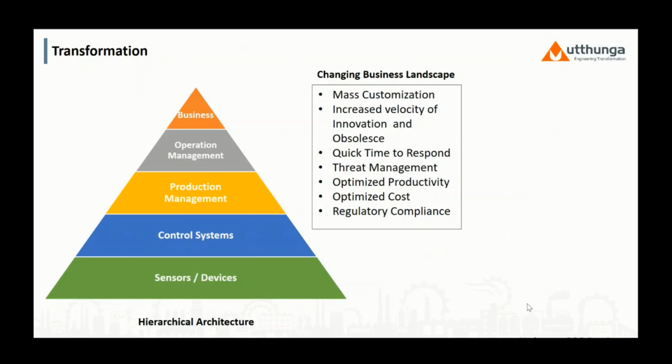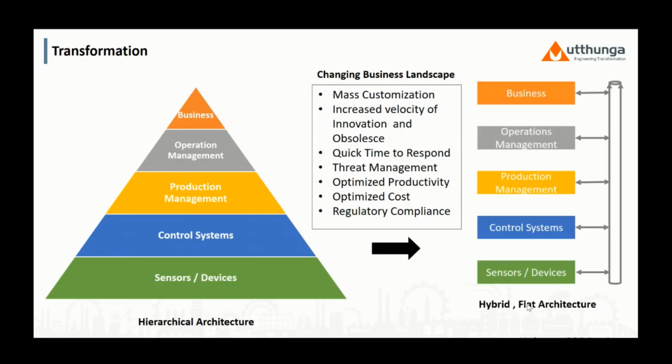So in this process, rather than having only a hierarchical model, new hybrid or flat architectures are emerging. Physically they might be flat, but logically, there will still be hierarchies. Control systems will still control the sensors and devices, but they all share the same data bus.